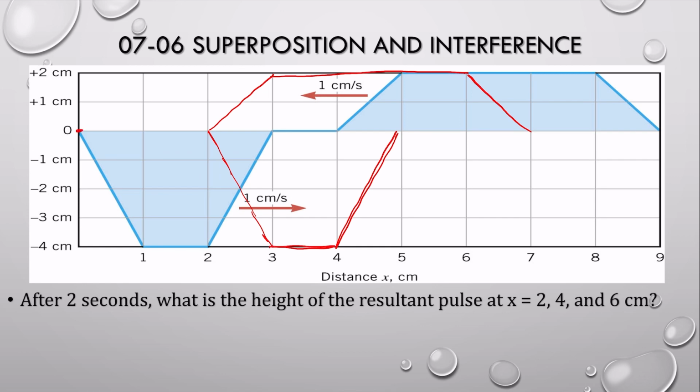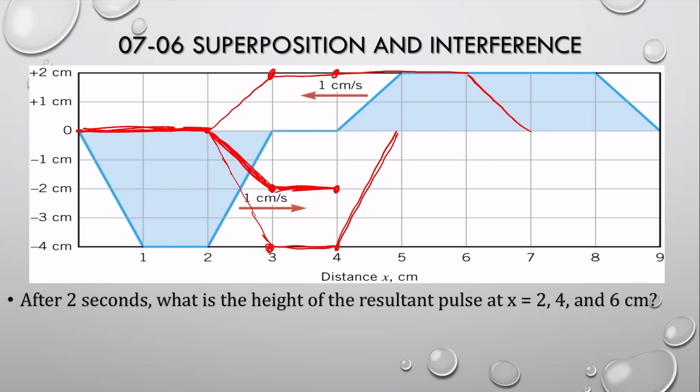Now, what we're going to do to get the resultant is add the heights. So 0 plus 0, 0 plus 0, 0 plus 0. Our next spot we have 2 and negative 4. 2 and negative 4 is negative 2. Next spot we have 2 and negative 4. It's negative 2.